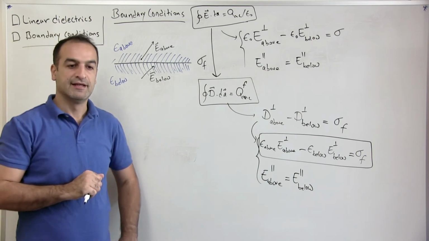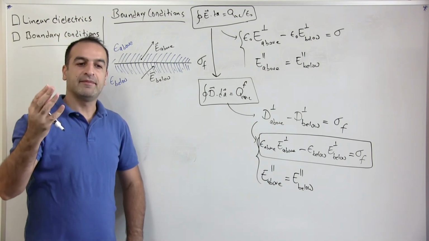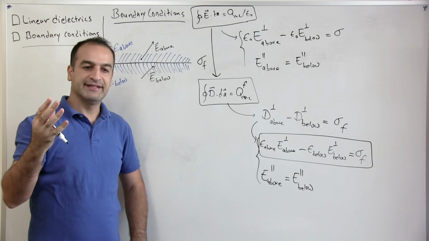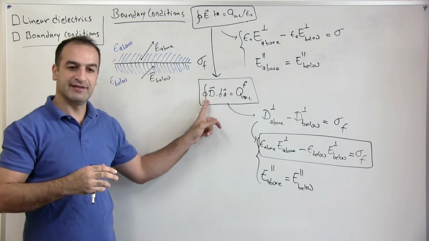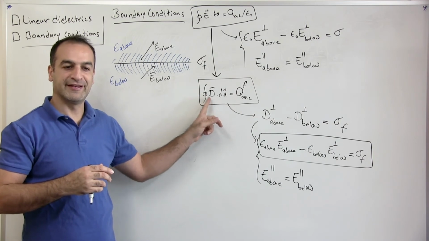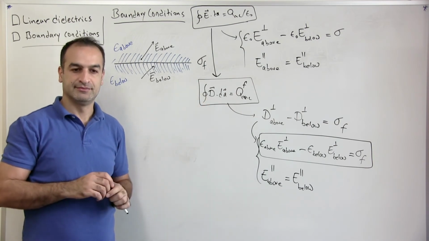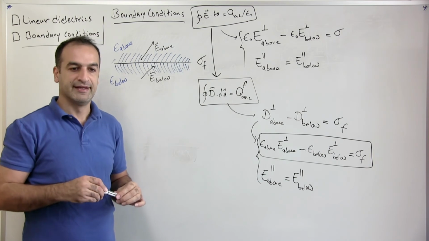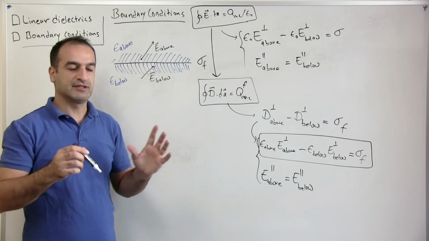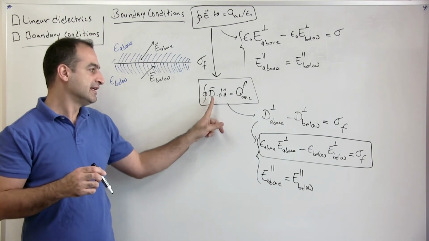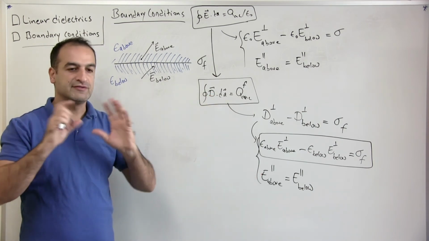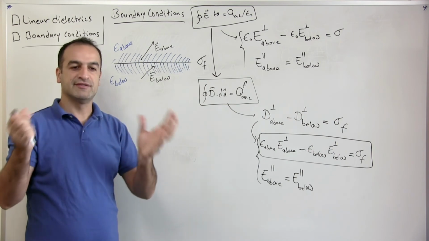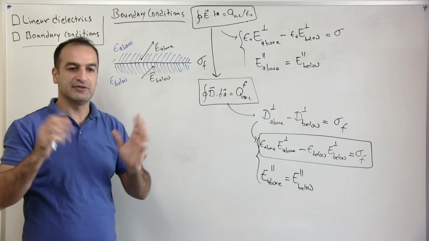If you see a problem with a dielectric in it, just be sure you use Gauss's law for the electric displacement. If you have good symmetry in the charge distribution, you can calculate D. Moving from D to E for a linear dielectric is just one step: divide D by epsilon, and you get the electric field.